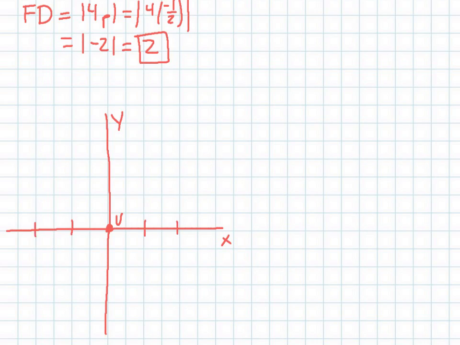Let's make this a little bit more spread out, so it's easier to see. So then my focus would be right here. Okay? And then my directrix would be back here.